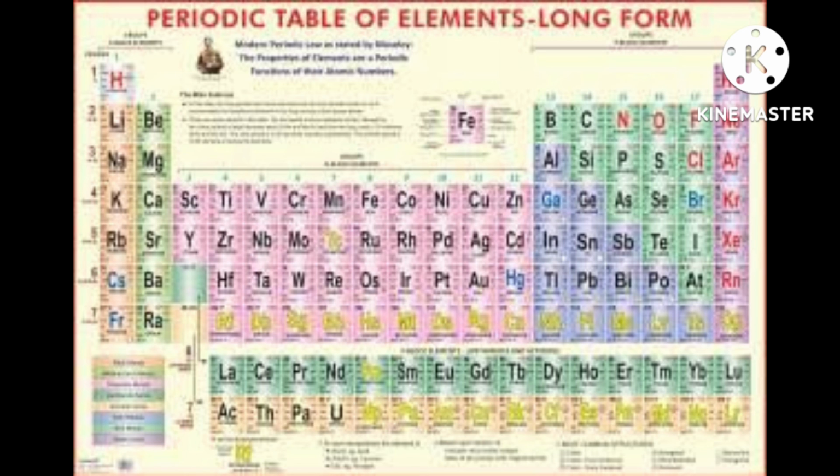Next class I will discuss the next topic, which is also very, very important, and I can say more than 90% of students don't know it: the nomenclature of elements with atomic number greater than 100. Ordinary ones they know, but for greater than 100 very few students know, only very serious students.